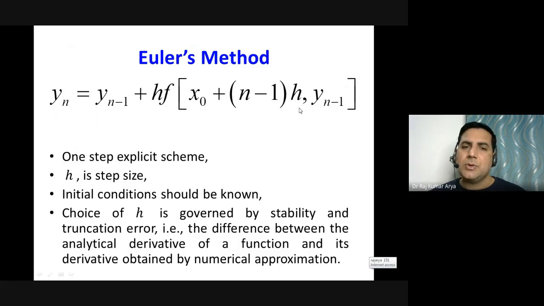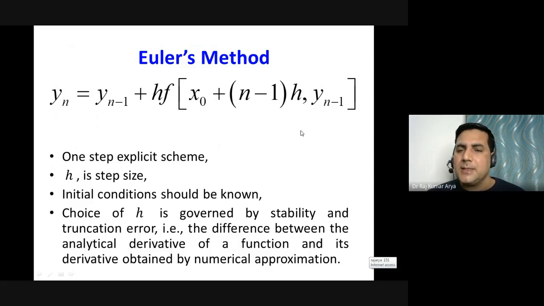Here you should know the function value, y at n minus 1, corresponding to x0. You should know this, and this is a given function. You are starting from given values x naught and y naught.